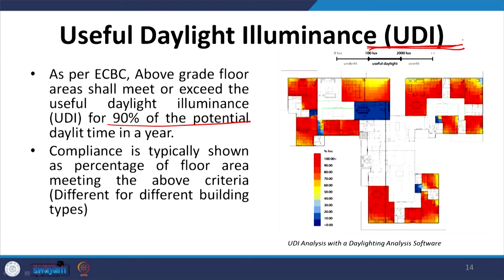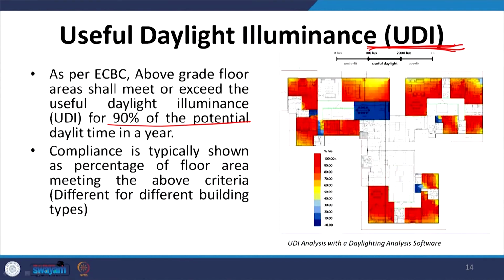The minimum compliance is for the majority of the codes. If we are talking about ECBC here, at least 40% of the area should be daylit for 90% of the time in a year with the minimum prescribed UDI. So, for the minimum mandatory requirement, 40% to 50% of the area should be daylit.